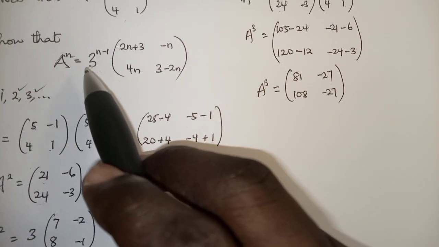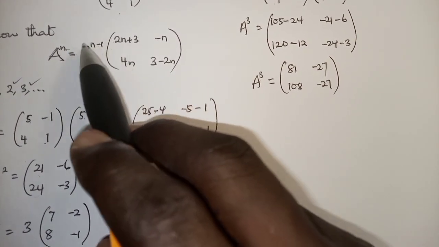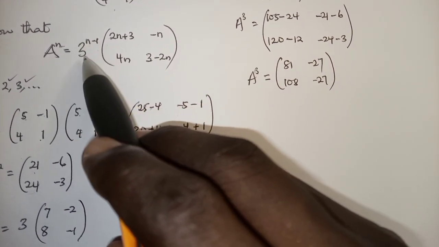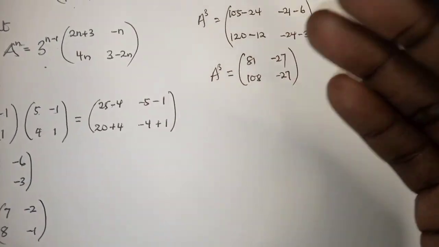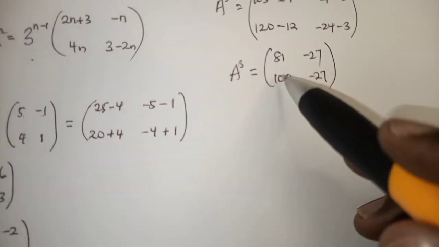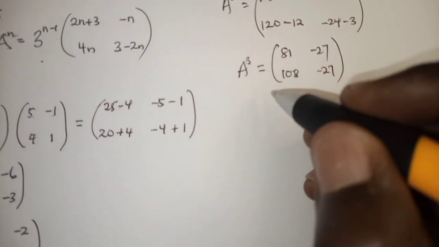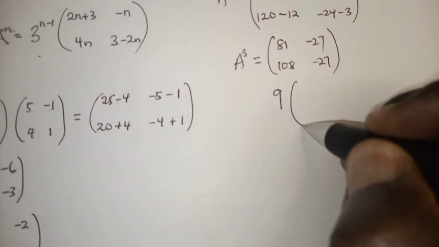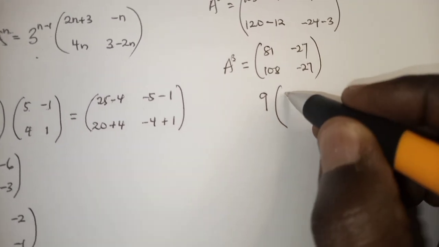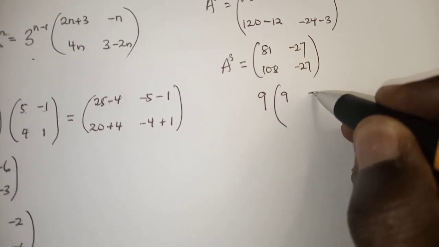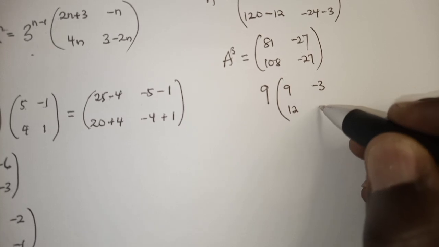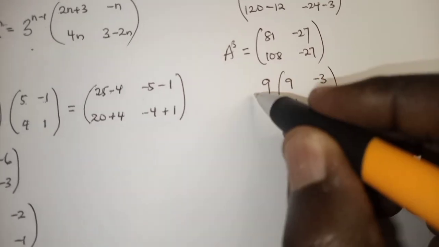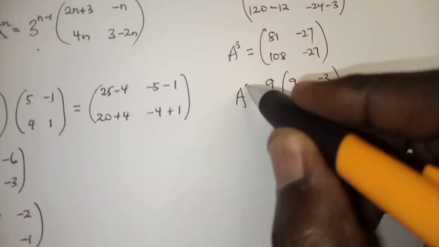To match the coefficient here, we know the next one will be 9. So we have 9, bracket open, 9, negative 3, 12, negative 3, bracket close. So we have this A exponent 3.